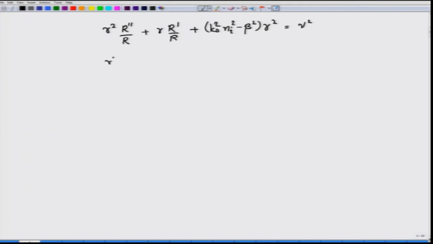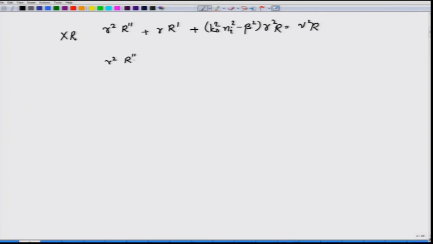Okay. So, I have r square r double prime. I also do something, I will multiply the entire equation by r, so that this r which is in the denominator can be removed and moved to the numerator here. So, I can write this as r and write this as r. Okay. So, please ensure that you understand the manipulation that I am doing.